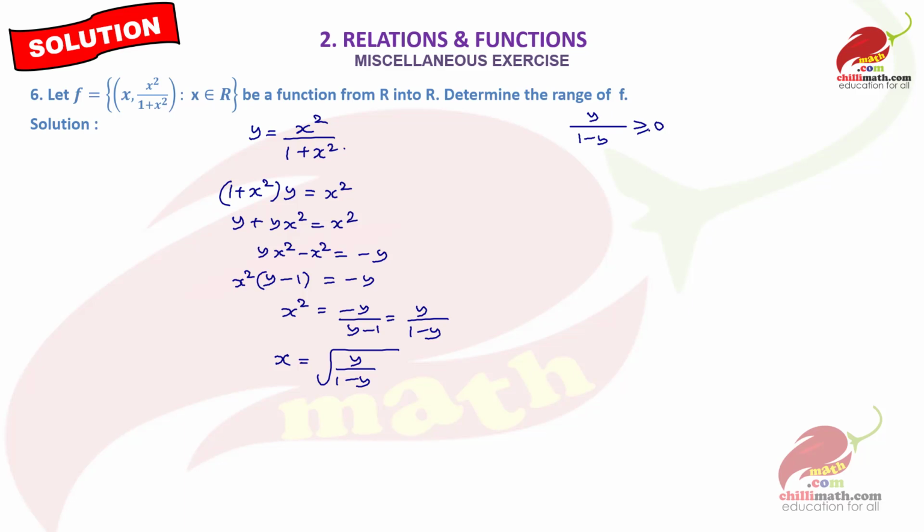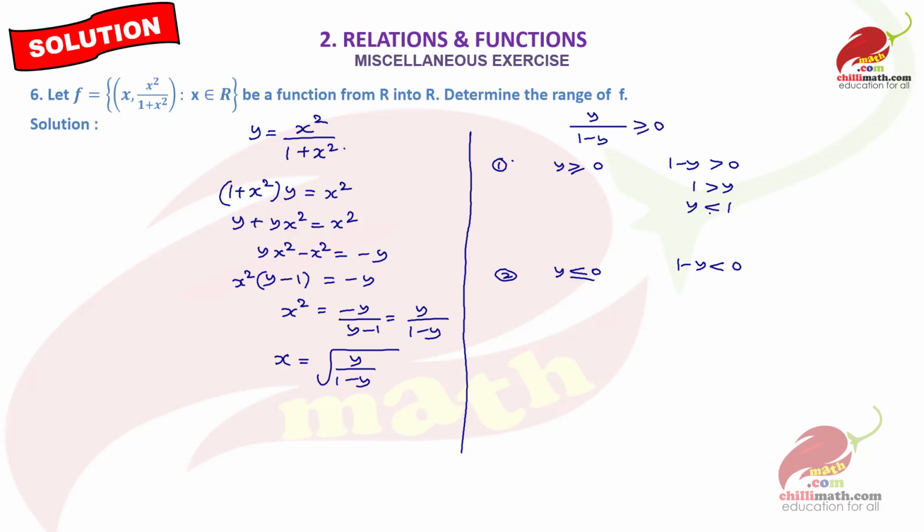A upon b will be positive if the first case is y positive and 1 minus y positive. Second case is y negative and 1 minus y also negative. Denominator cannot be equal to 0. So taking that side, we get 1 greater than y, or y less than 1.